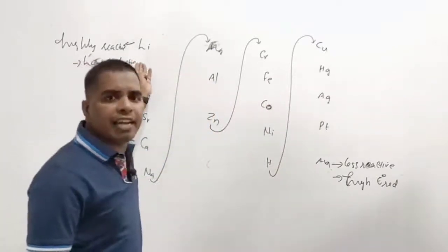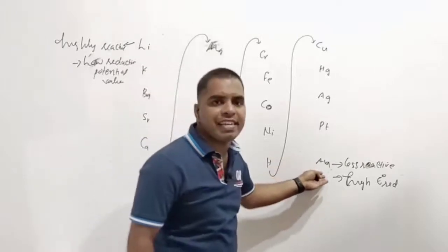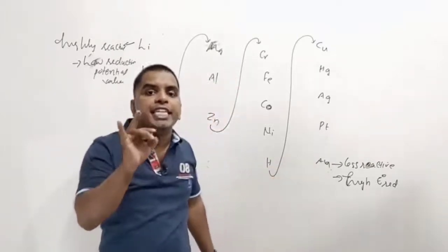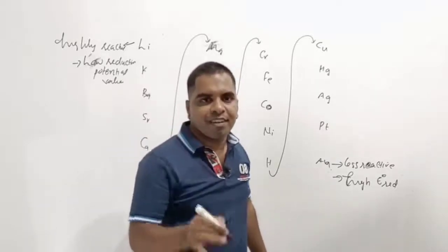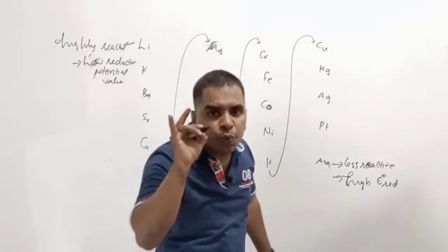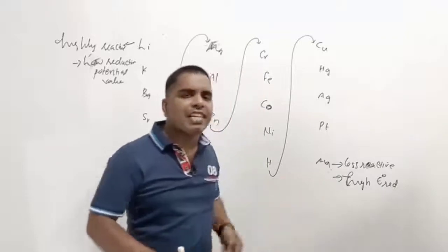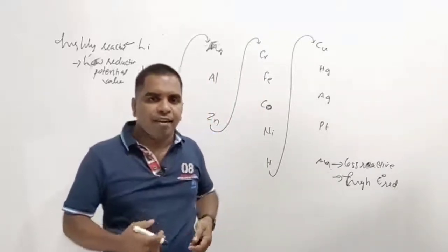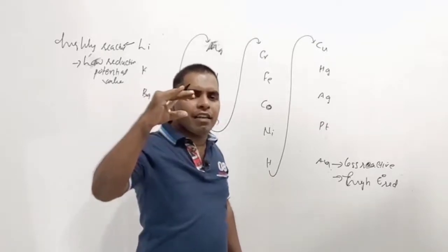Listen, lithium is highly reactive and gold is less reactive, right? Lithium is highly reactive, meaning lithium has a high tendency to lose electrons. Gold is less reactive, meaning gold has a high tendency to gain electrons.